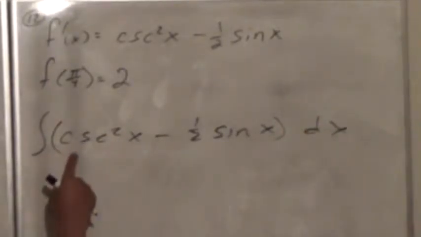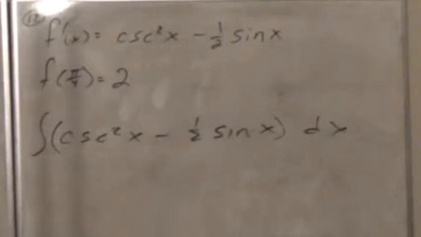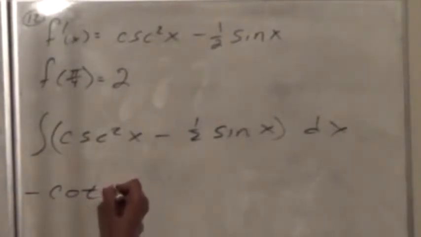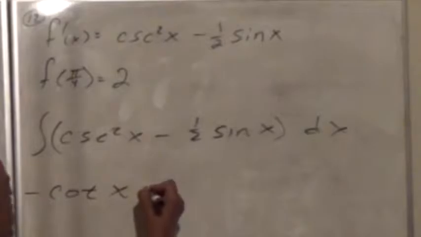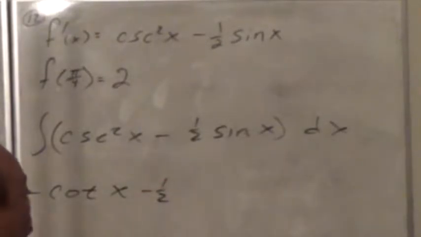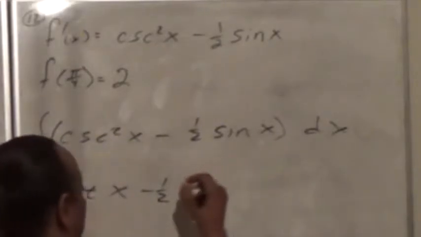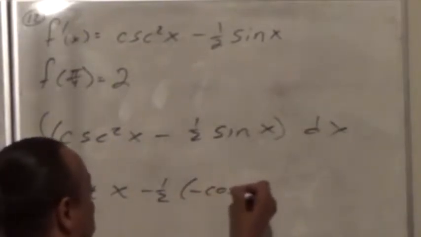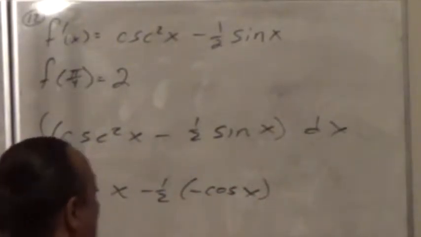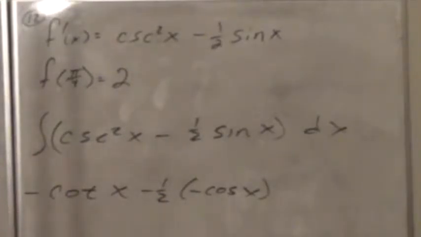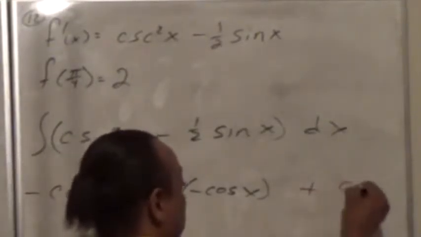Okay, the antiderivative of the cosecant squared should be a negative cotangent. So that's a negative cotangent of x. Then minus the 1/2. And the antiderivative of the sine of x, right here, is a negative cosine of x. And because we're only going back to the family, we say plus c.